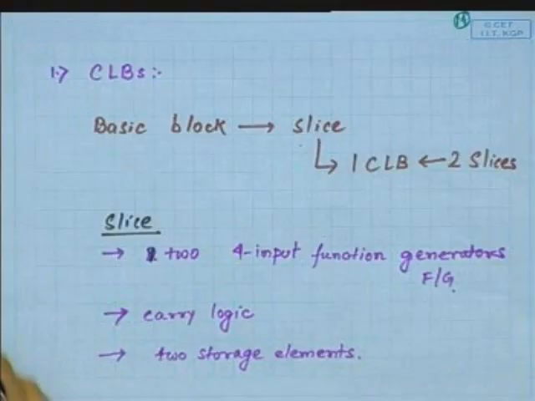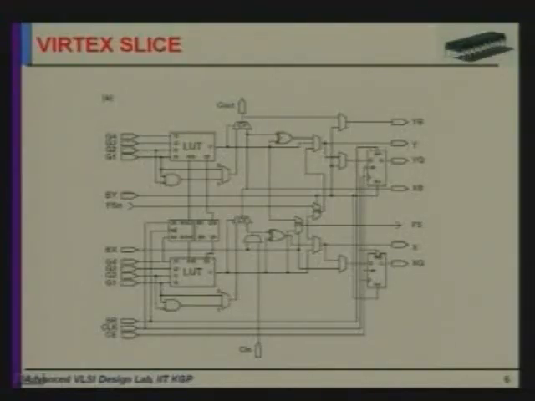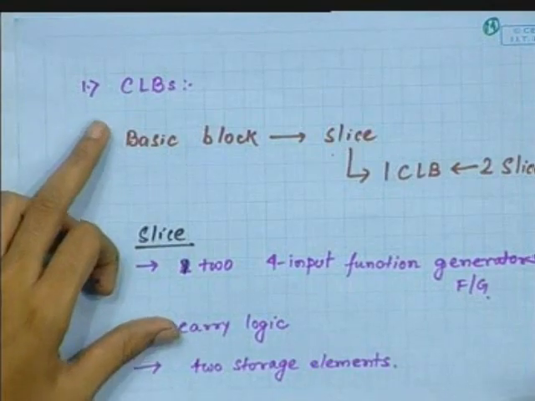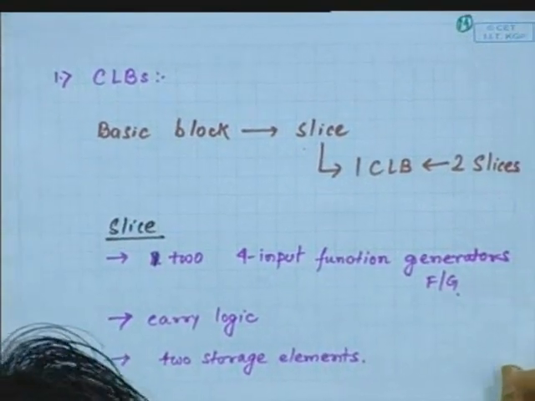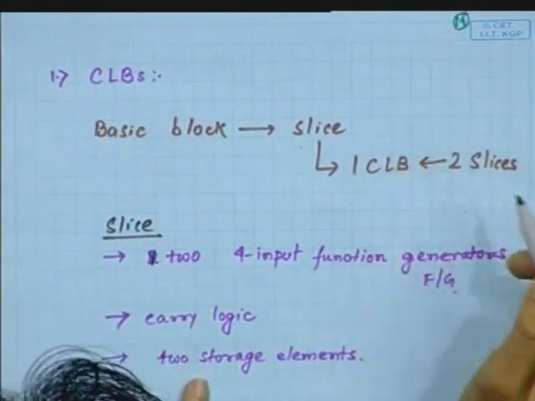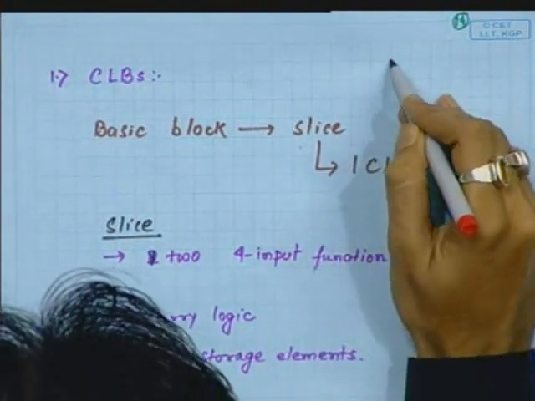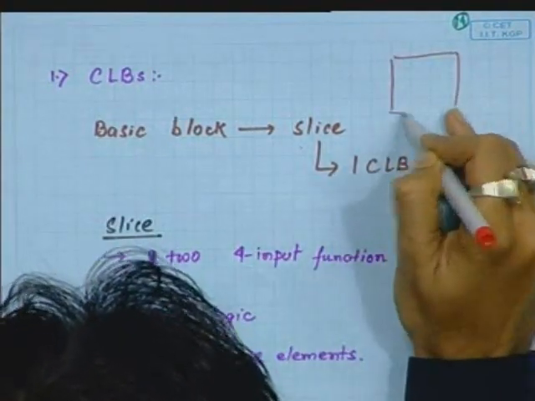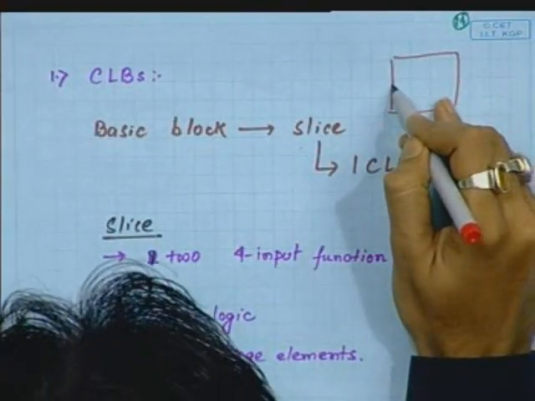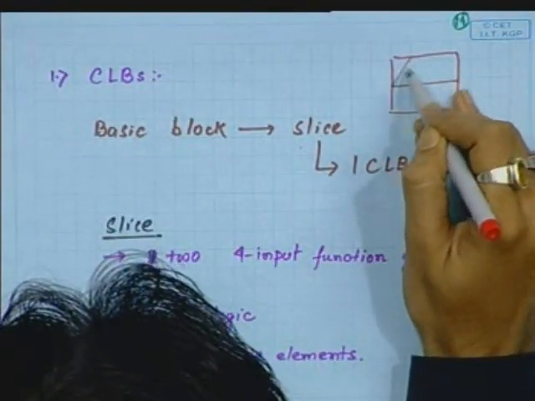Now talking about CLBs, basically the CLBs contain slices. Suppose this is a CLB, a configurable logic block, which has two halves.